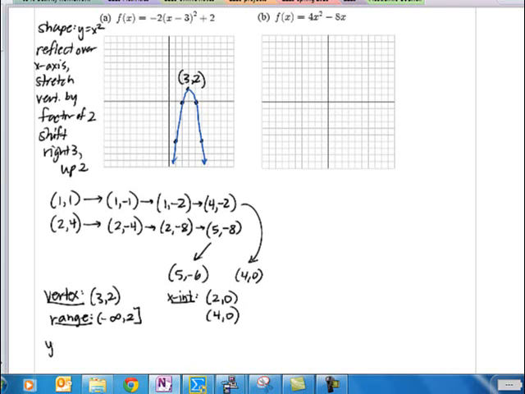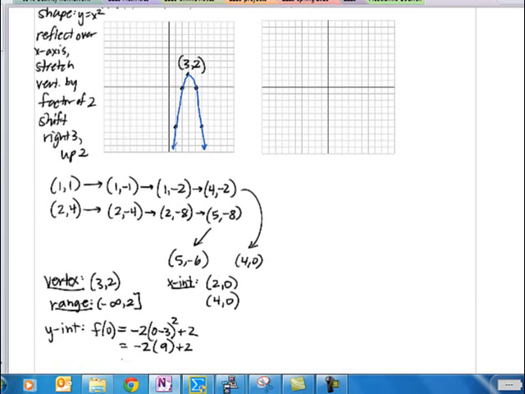In this form, that's not quite as easy as in the expanded form, but negative 2 times 0 minus 3 squared plus 2. We get negative 2 times negative 3 squared is 9 plus 2, so that would be, what, negative 16? So 0, negative 16.